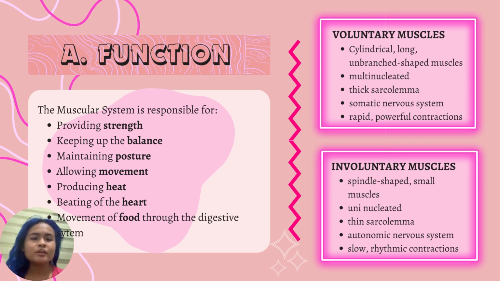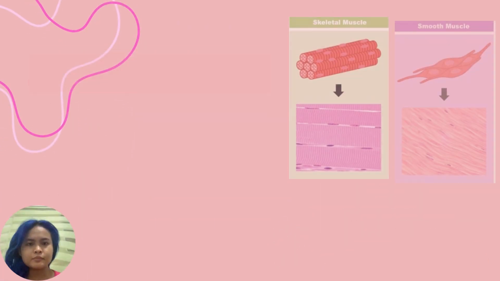They play an important role in allowing the body to move by contracting and relaxing, and their actions are mainly under the control of the somatic nervous system, while the involuntary muscles are striated and branched in the case of cardiac muscle. The actions of involuntary muscles are mainly controlled by the autonomic nervous system in the body. These involuntary muscles include smooth muscles and cardiac muscles.